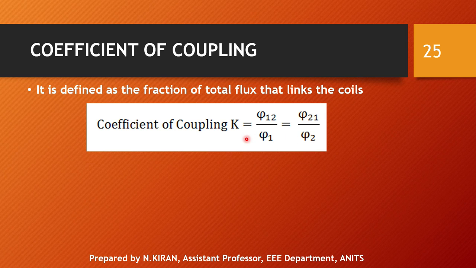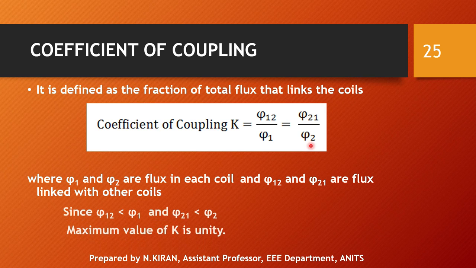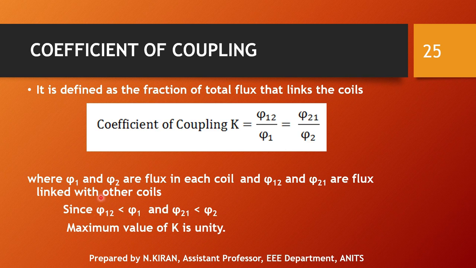Mathematically, K is phi12 by phi1 or phi21 by phi2, where phi1 is the total flux in the first coil, phi2 is the total flux in the second coil, and phi12 and phi21 are mutual fluxes. As phi12 will never be greater than phi1, and similarly phi21 is never greater than phi2, we can conclude that the maximum value of K is 1; it will never cross 1.